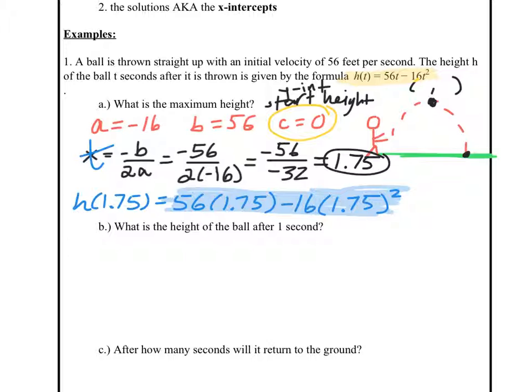If you get a decimal, if you get a negative, something is wrong. Try again. Type it in exactly as you see it: 56 in parentheses 1.75 minus 16 in parentheses 1.75 squared. You should get a whole number on this one. You should get 49. If you don't get 49, something is wrong. Try again.